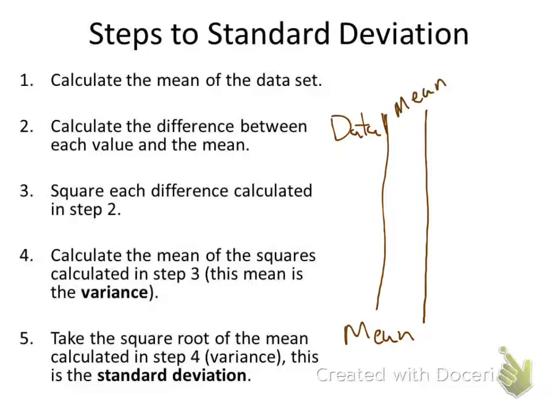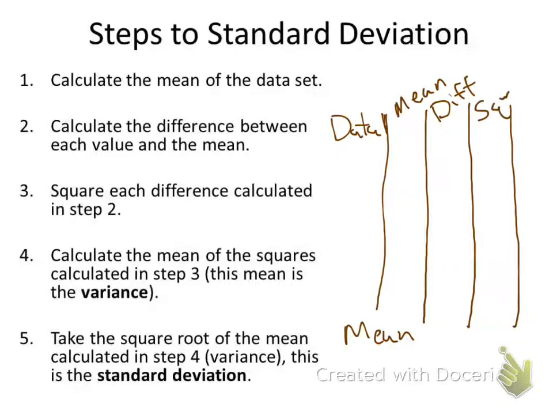Now the next step, step 2, is the difference between the value and the mean. That just means how far apart the data and the mean are. Technically we need to pay attention to whether it's positive or negative, but what the next step, step 3, does is square the difference from the previous column.